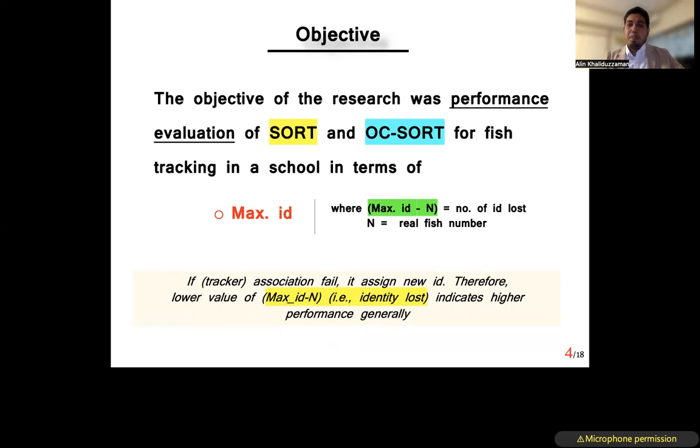If the number of objects, or fish in our case, is 20, and we subtract this number of objects or fish from the max ID, basically it indicates the number of identity losses. So this means a lower max ID value, or number of identity losses, indicates higher performance of the algorithm.